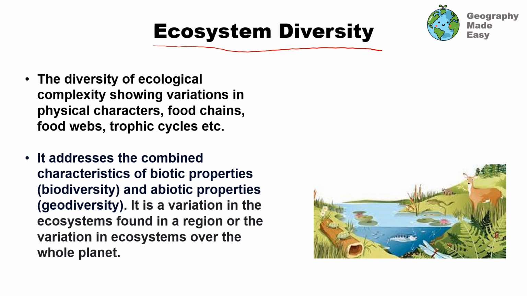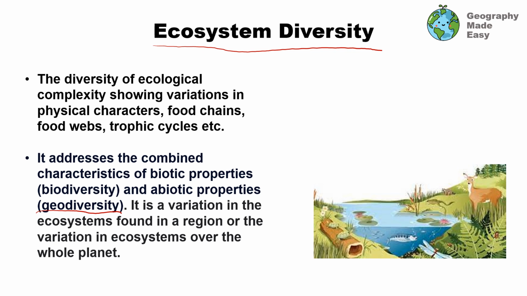Ecosystem diversity is very much linked to an abiotic property which is known as geodiversity. Geodiversity is the geographical nature of the landscape and the diversity attached to this. The more different types of geographical diversity present in a particular area, the more different types of biodiversity or ecosystem biodiversity we will be able to see.